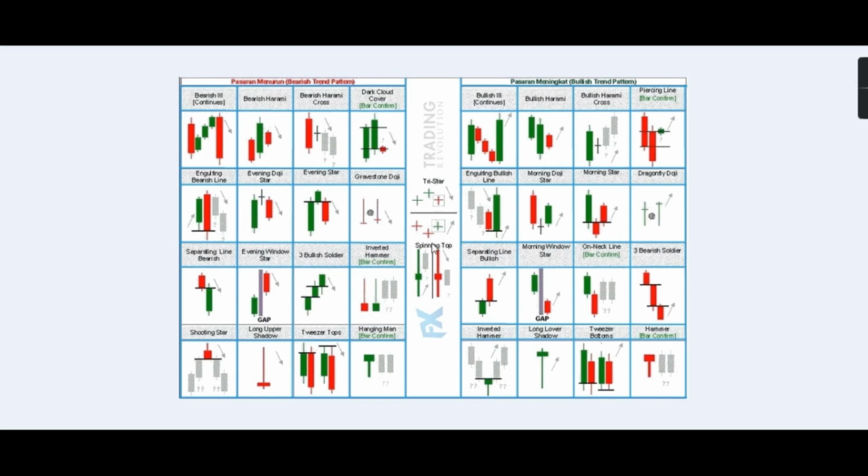So these attributes are basically linked with the two basic animals. Instinctively, when a bull attacks, it attacks in an upward motion, and when a bear attacks, it lunges on you, so it's like a downward motion. So this is what the movements in the market were basically attributed to, right?